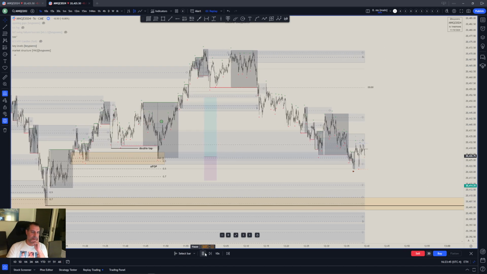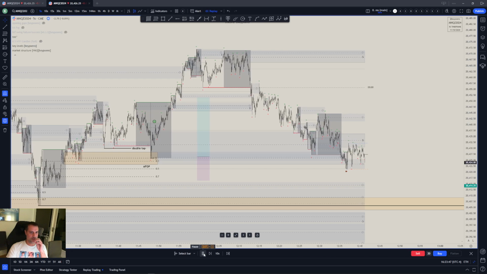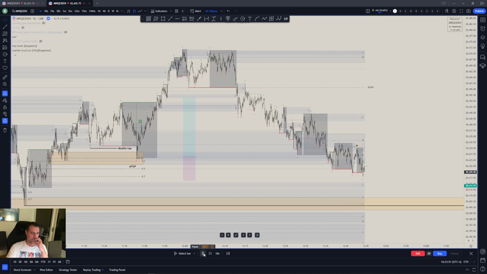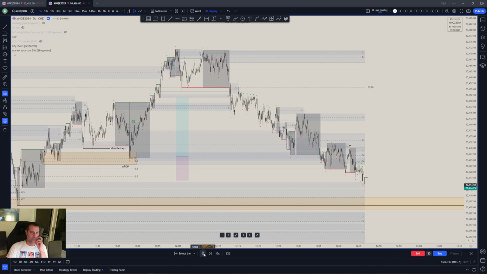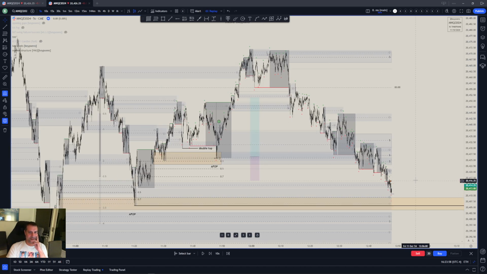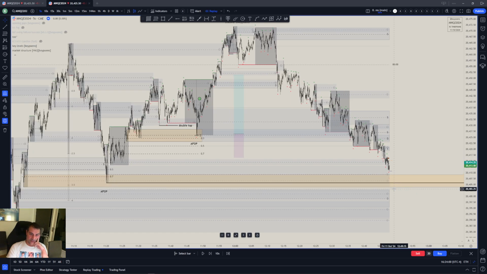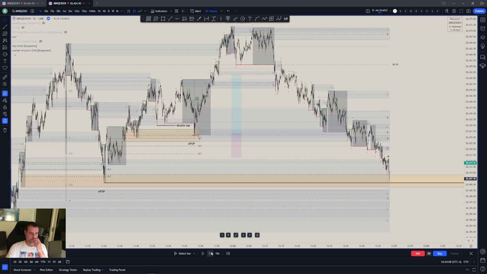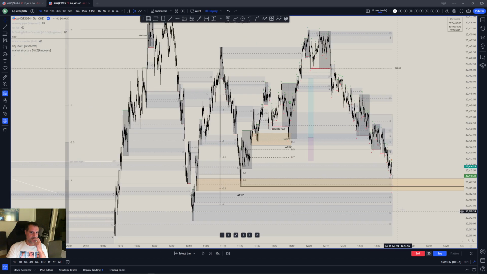And then at one point, New York lunch starts these liquidity runs to 12:50. Check the time, because it's important. So there's some bearish zones. We are still in, what's happening?